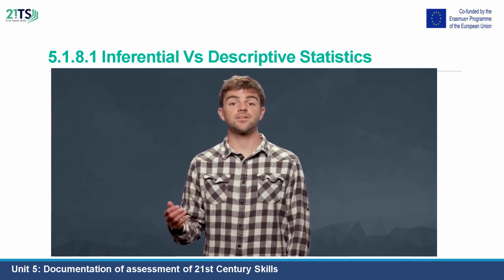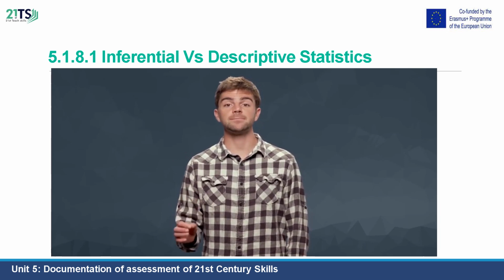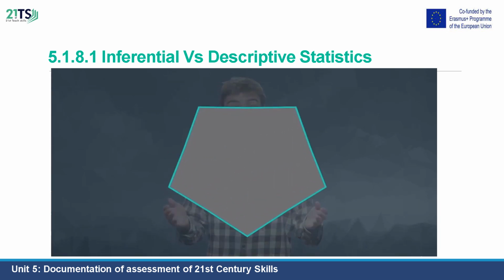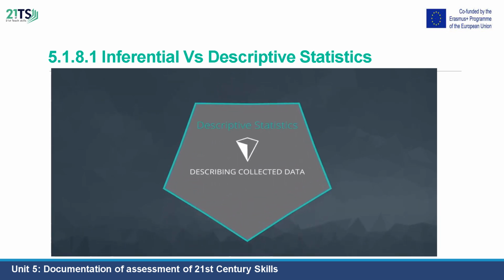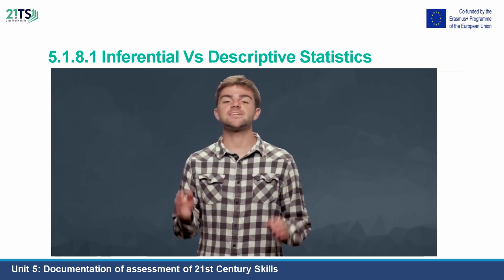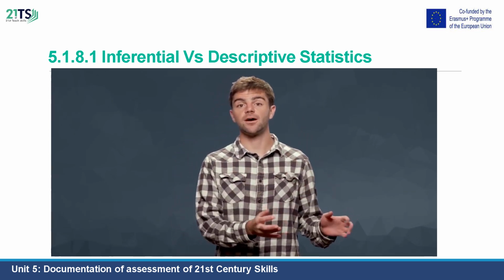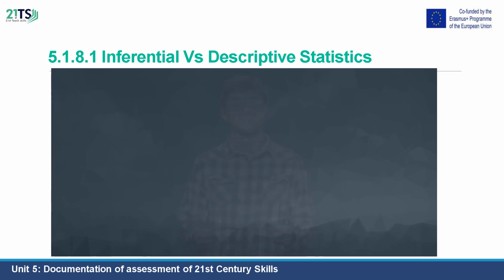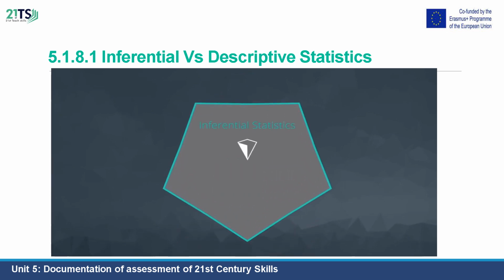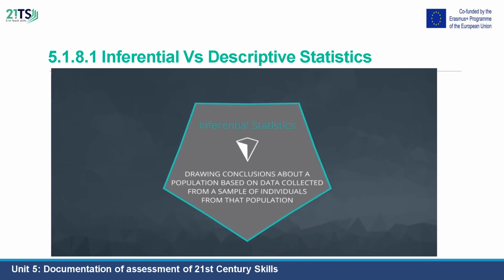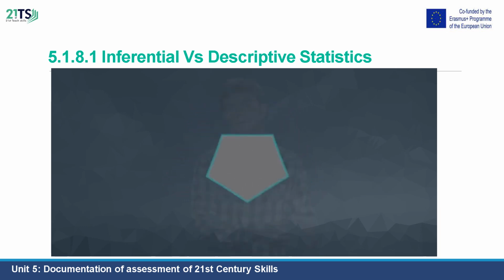The topics covered thus far have all been aimed at descriptive statistics. That is, describing the data we've collected. There's an entire other field of statistics known as inferential statistics that's aimed at drawing conclusions about a population of individuals based only on a sample of individuals from that population.